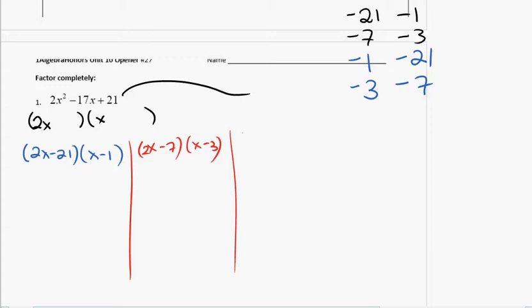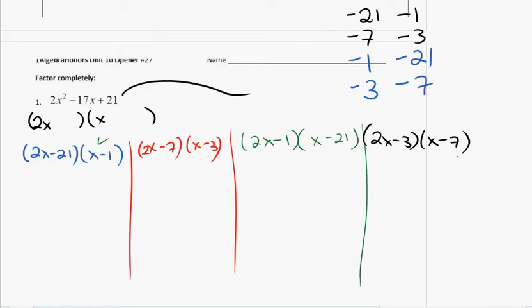I need to then try 2x minus 1 and x minus 21, right? You notice how these two are different. They have the same numbers, but now the placement matters because you have a different s and r value, right? They're both not 1 anymore. And then the last thing I try is 2x minus 3, x minus 7.